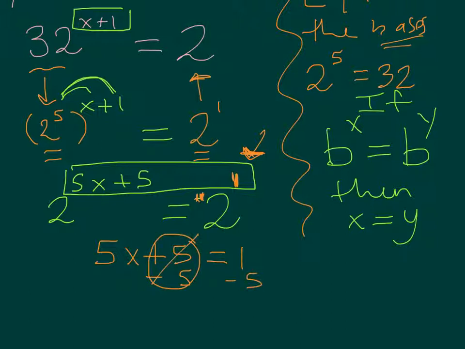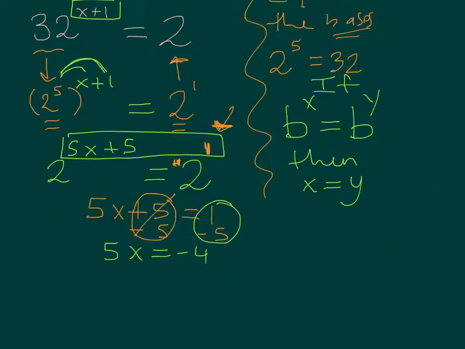We'll cancel, and I'm left with 5x is equal to 1 minus 5, which is negative 4. Divide both sides by 5, and x equals negative 4 over 5.